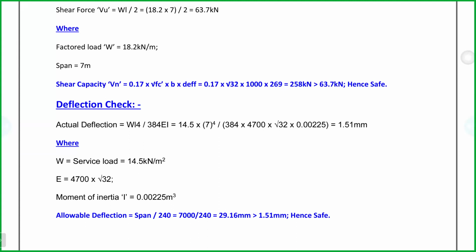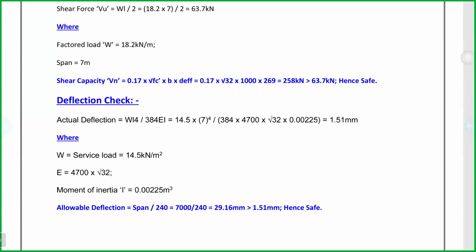Very basic, but assume it is 20% less when compared to cubical. For better understanding, the cubical is 150 by 150, and the cylindrical is 150 mm diameter. Since the surface area is less, automatically the compressive strength of concrete is less. That's the reason this 20% plays a vital role.